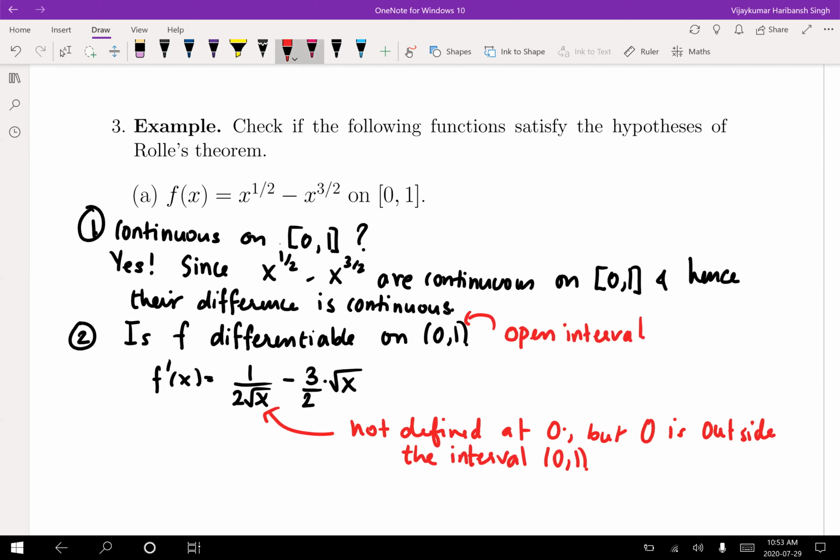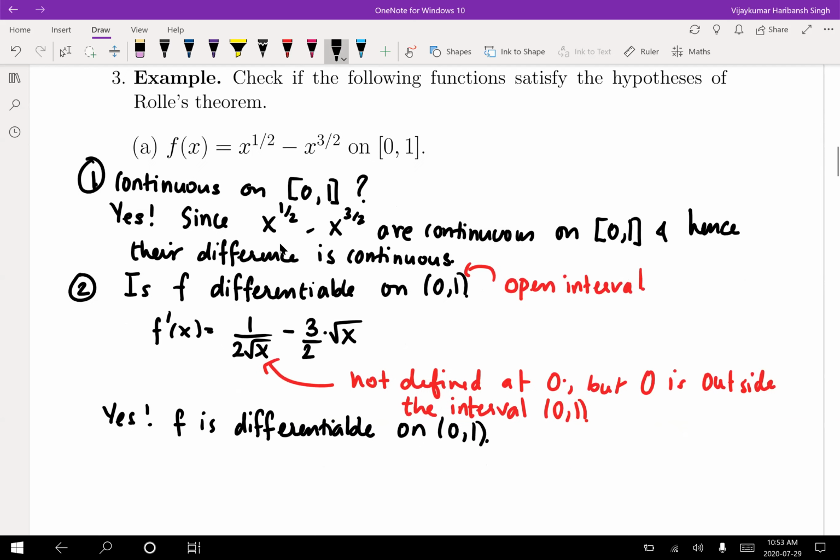So therefore, the answer is yes, f is differentiable. To be differentiable means the derivative exists. To have a derivative is basically the same as saying it is differentiable.